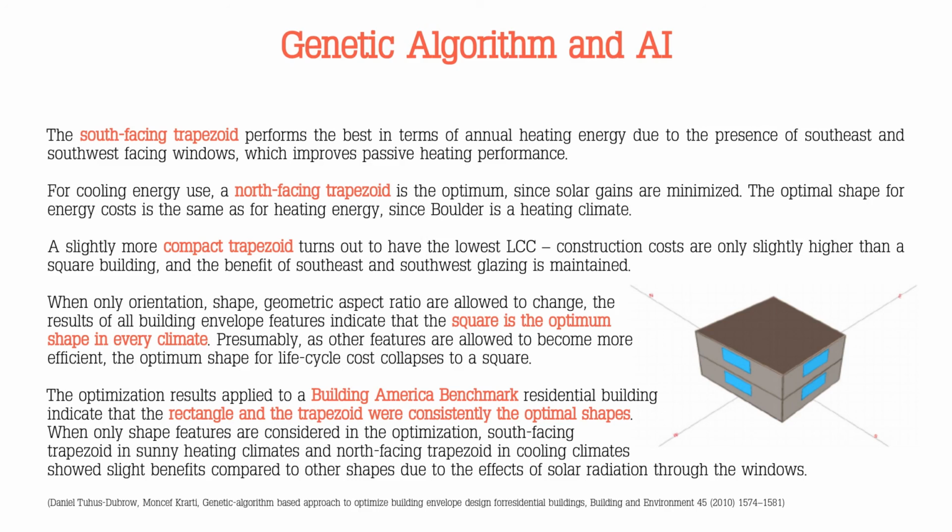Actually, the solution is a little bit more complex, because the genetic algorithm found that the south-facing trapezoid is better in terms of annual heating energy. For cooling energy use, a north-facing trapezoid is the best. A slightly more compact trapezoid turned out to have the lowest LCC. LCC means life cycle cost, by the way. But again, what appears clear, as mentioned in this slide, is that the square is the optimum shape in every possible climate.